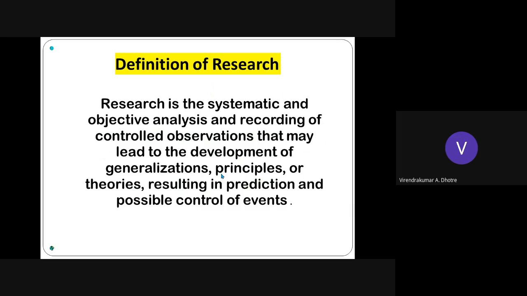For example, for a particular methodology, we state the objectives, then we analyze it and record all the observations regarding each single objective when we do an experimentation, which may lead to the development of generalizations, principles, or theories, or result in prediction and possible control of events.